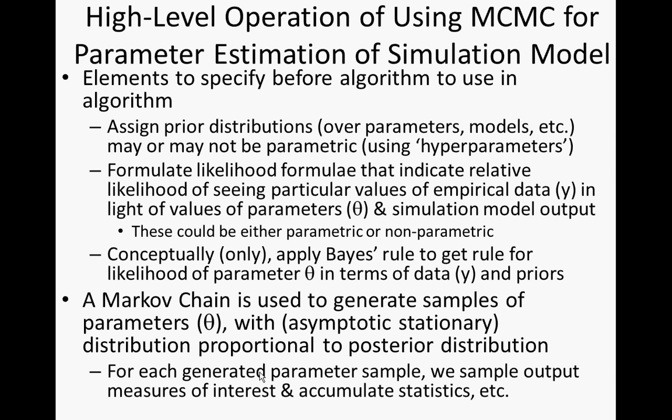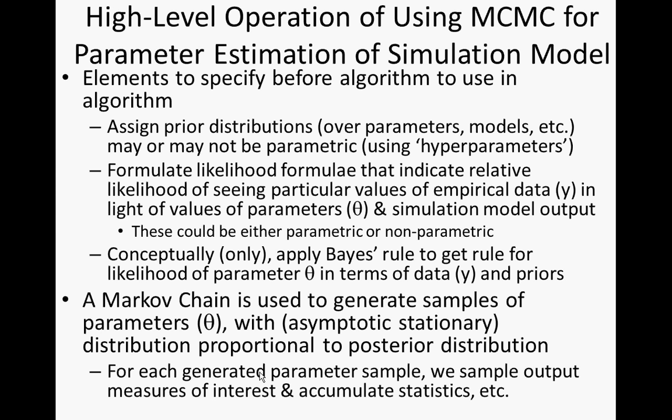Now, given these components, conceptually, and this is not something we have to do explicitly, we apply Bayes' rule to get a rule for the likelihood of a given parameter in terms of data and priors.